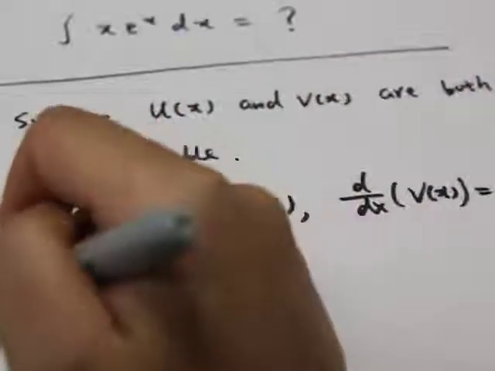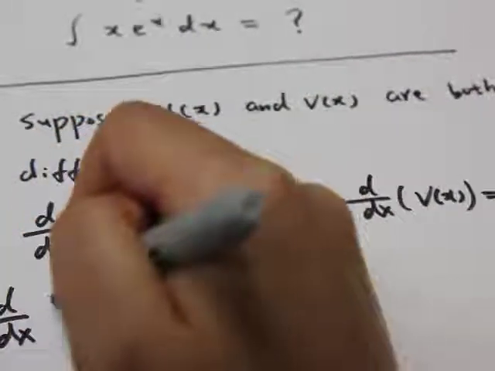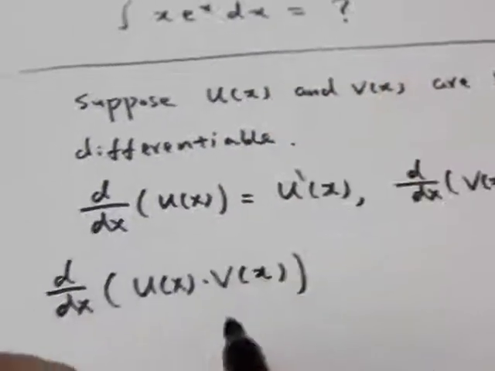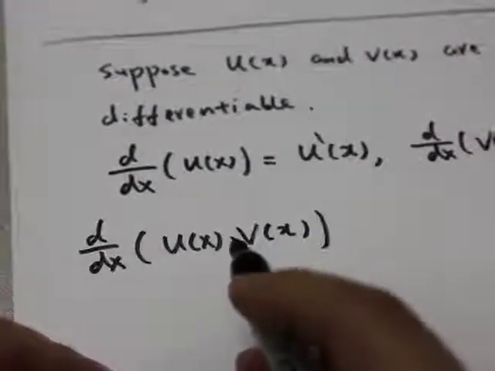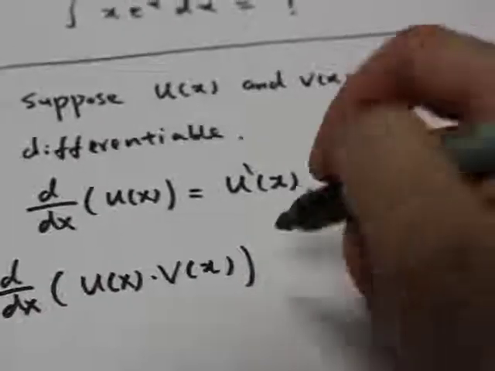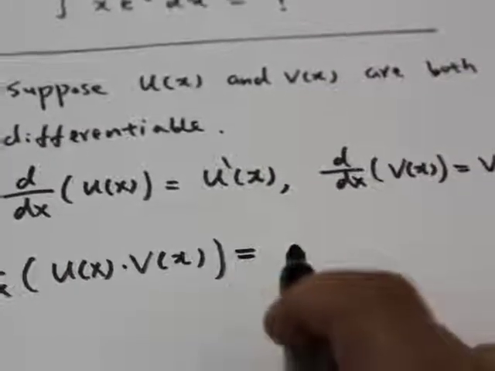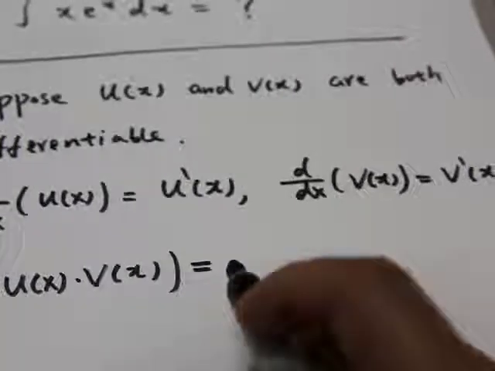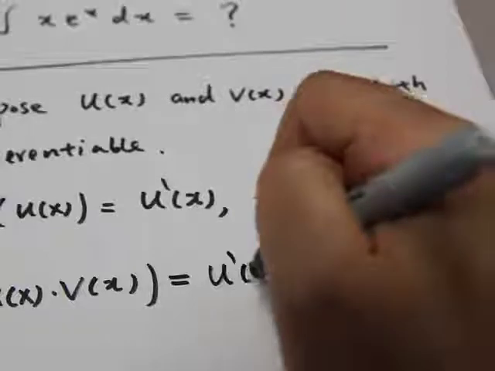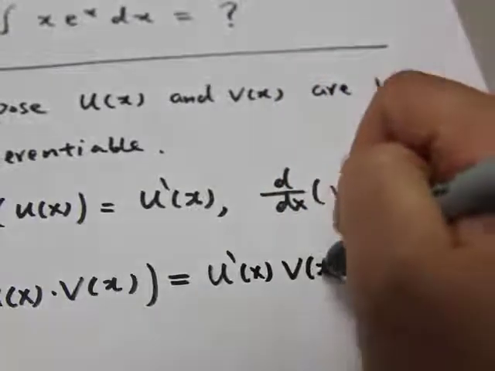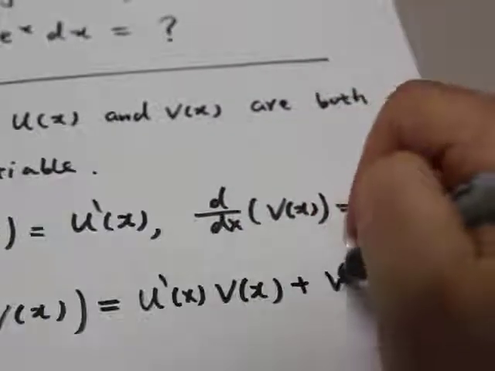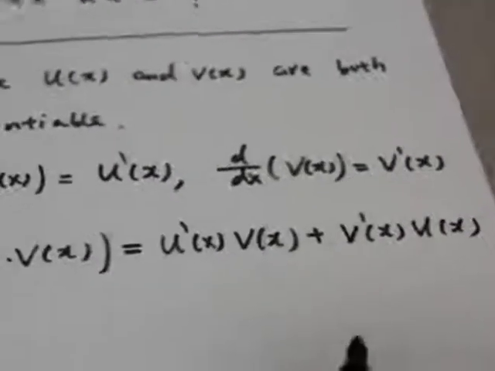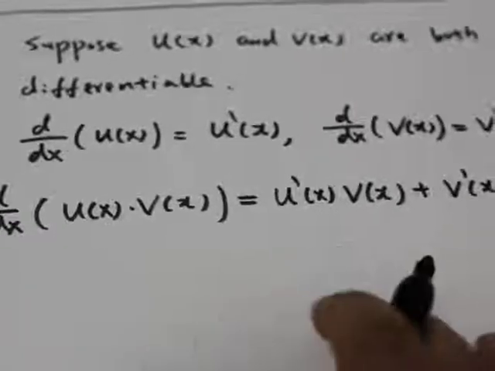So that means the derivative of their product also exists, and we can find this derivative using the product rule, right?